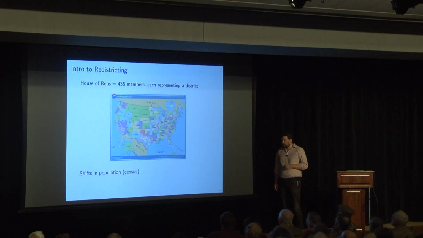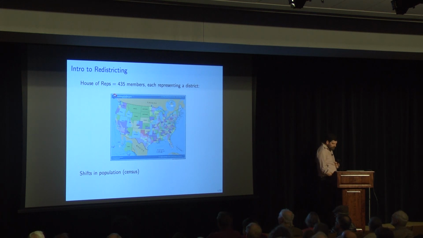The districts are distributed amongst the states according to population. So if a state has more people in it, they get more districts, okay? This is measured by the census. And populations don't stay stagnant. They move across the country. So whenever you have a shift in population, that's going to be detected by the census. Every 10 years, we make a census.